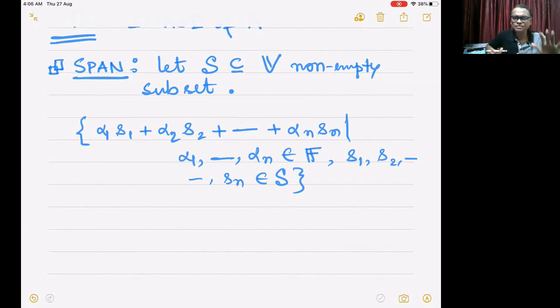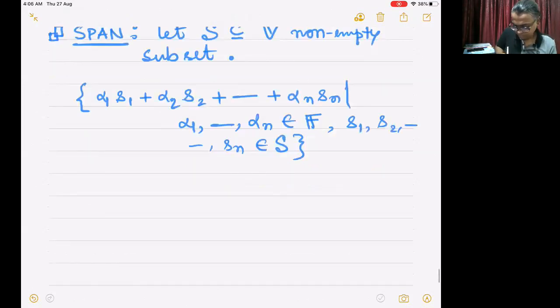It's some arbitrary non-empty subset of V. From there, I'm taking all possible linear combinations. The claim is that this also is a subspace.